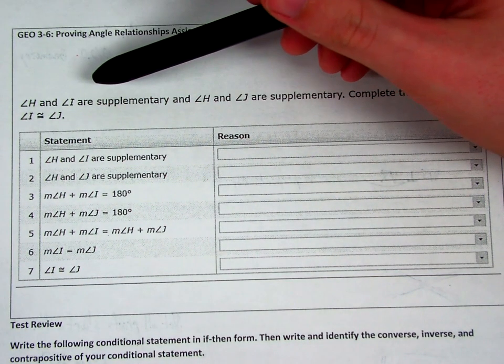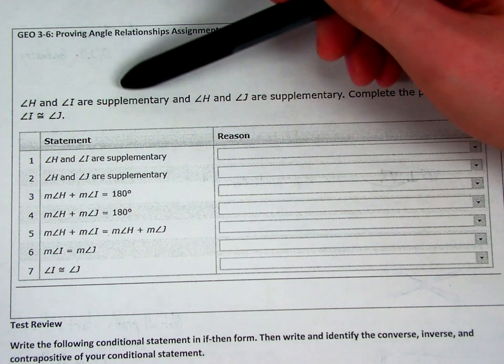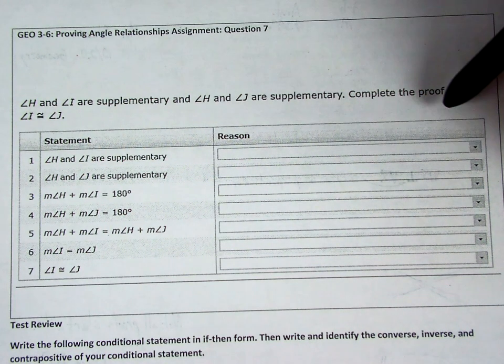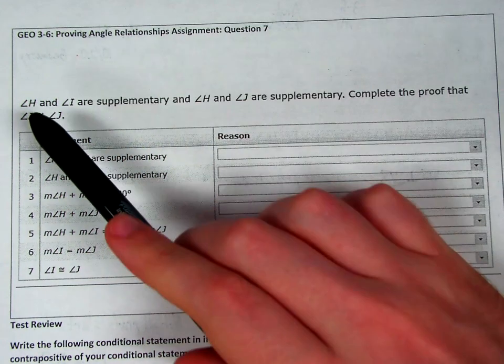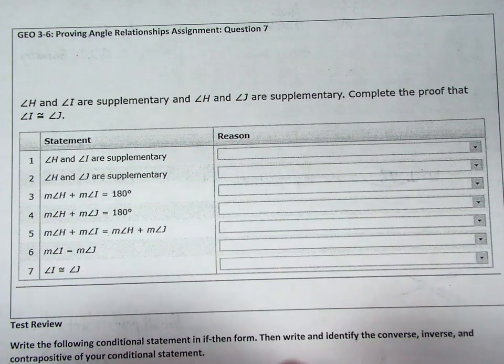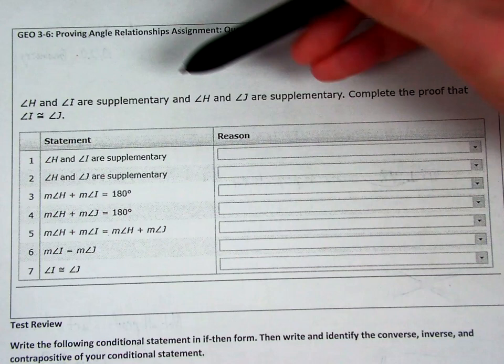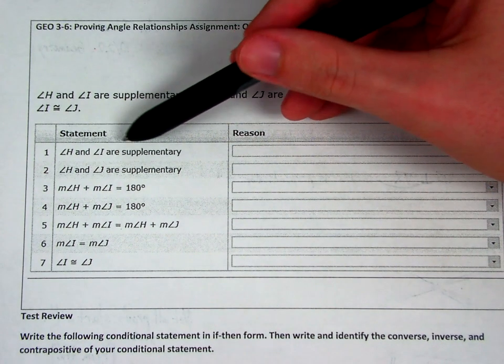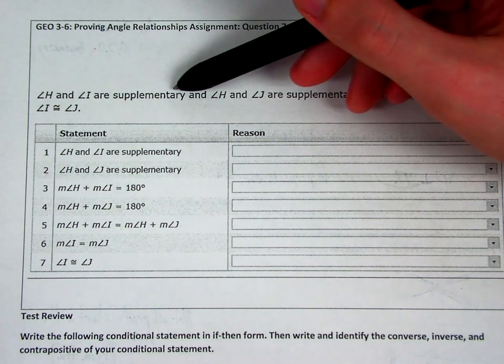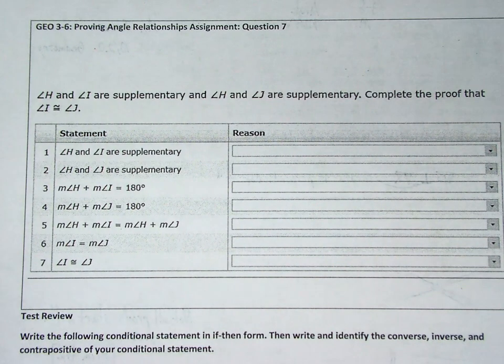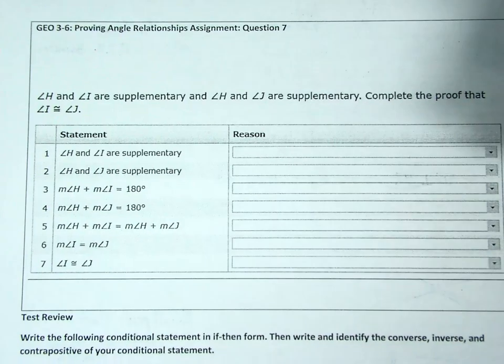We're told here angles H and I are supplementary, and H and J are supplementary. We want to complete the proof that angle I and angle J are congruent. So they're starting off with angle H and angle I are supplementary. Where did we get that? Well, we were given that.